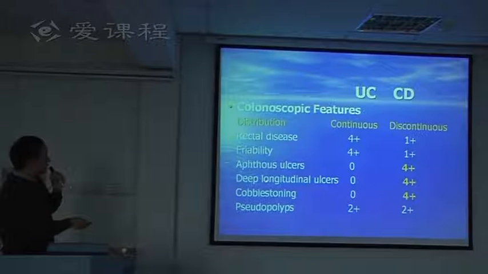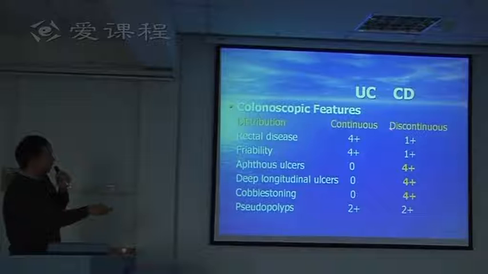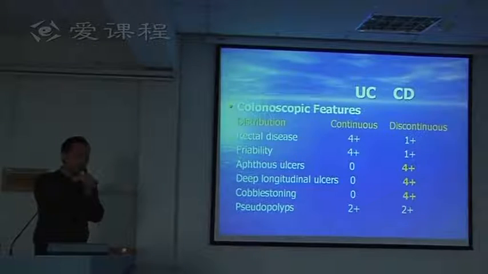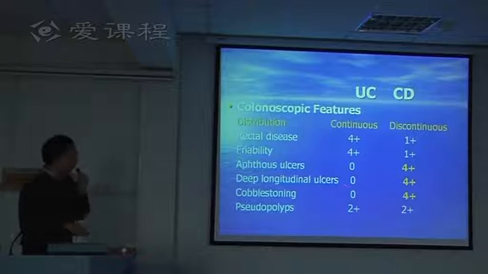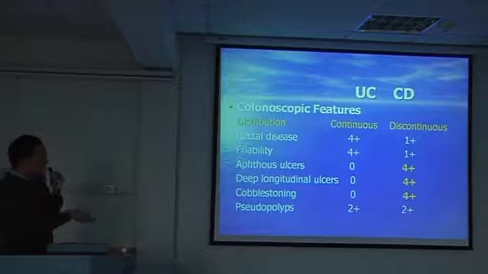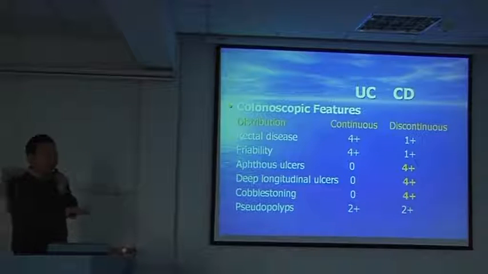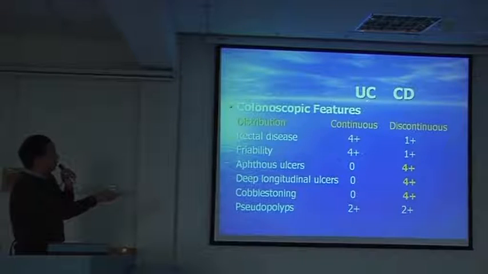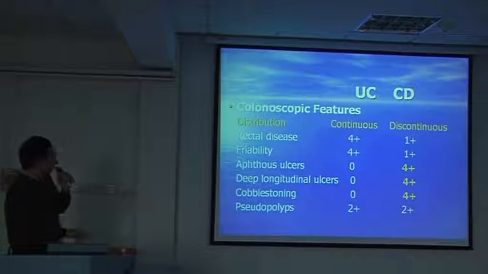Also deep longitudinal ulcers and cobblestoning are only seen in CD. This is because in CD the whole layer is involved, so it may form very deep longitudinal ulcers. I will show you many pictures of the colonic features of UC and CD. Now, shoulder polyps, you can see in both UC and CD.